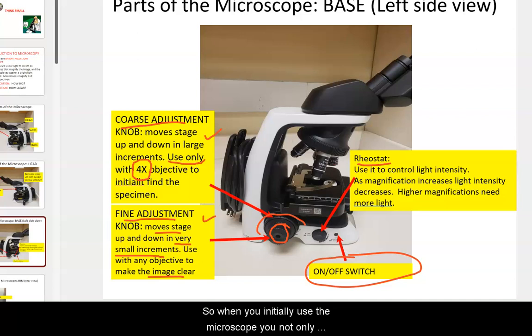So when you initially use the scope, you not only need to turn on the switch, but also open the rheostat by rotating it in the clockwise direction. Notice that as we increase magnification, you're going to need to increase the amount of light that goes through the specimen.